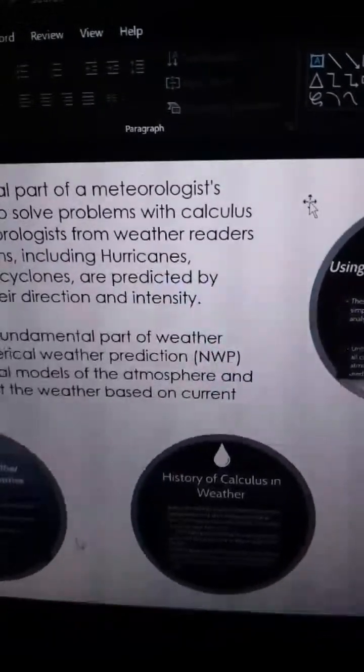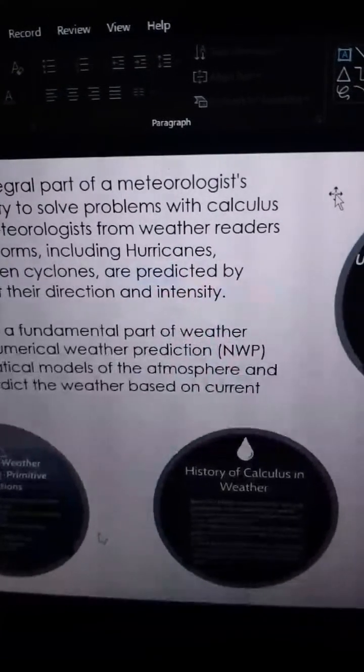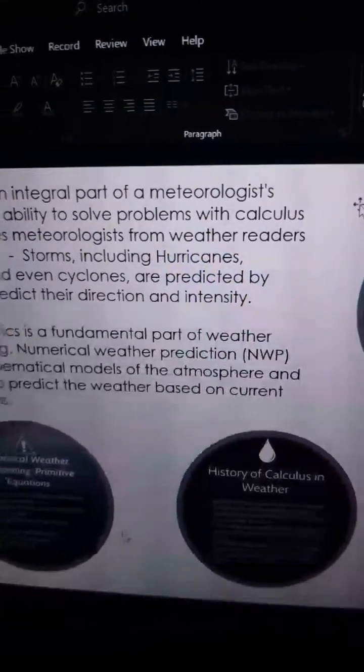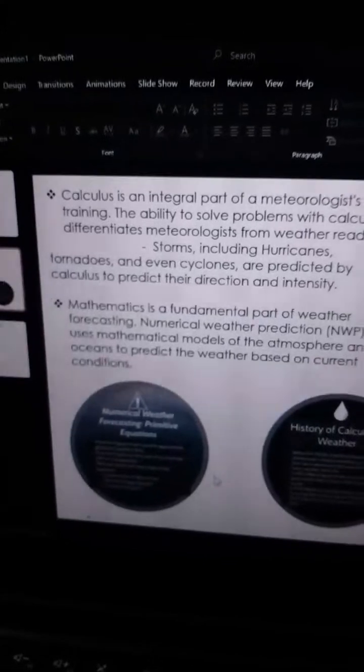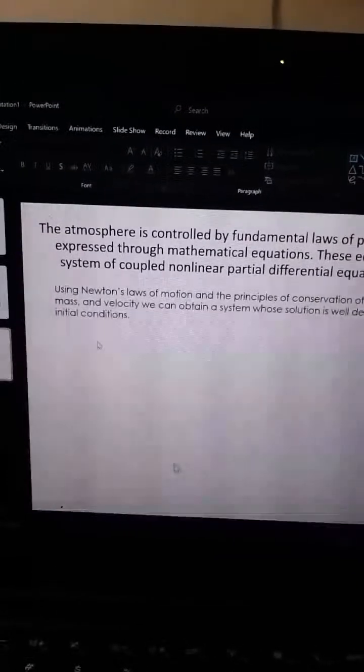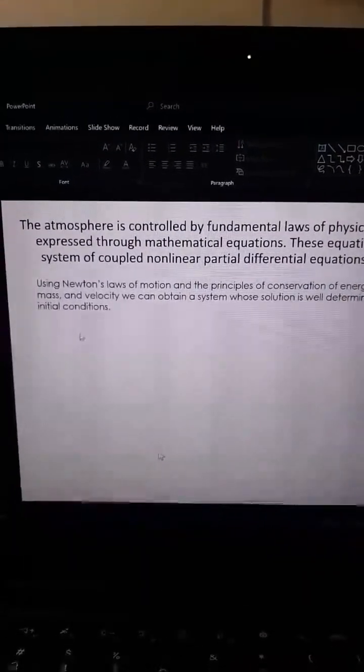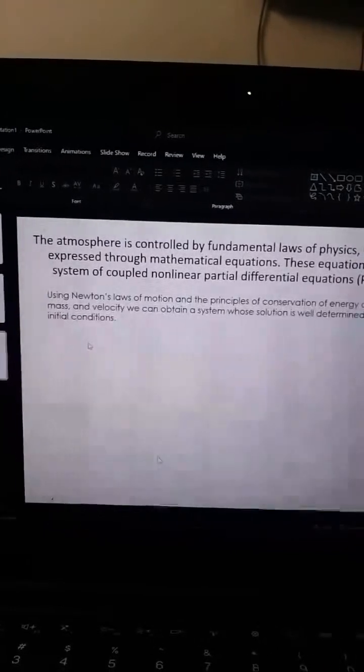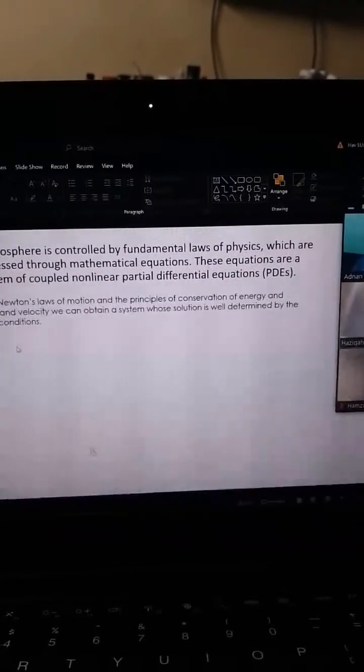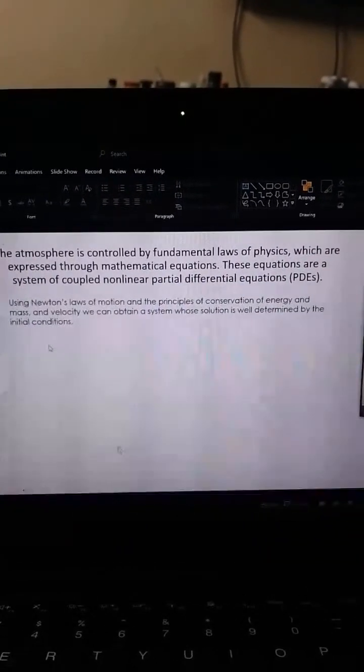You need to apply some of these math principles to predict weather. Before, people used to just calculate by looking at the sky, but now the calculation has become more advanced because they use math to find out and predict the weather. The atmosphere is controlled by the laws of physics, and physics has equations which are expressed through mathematical equations.